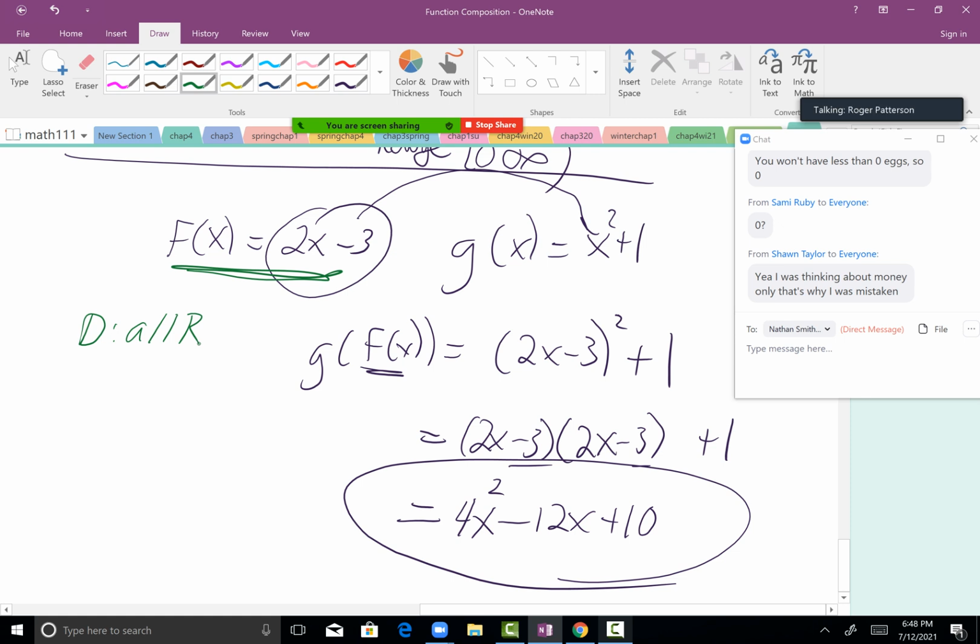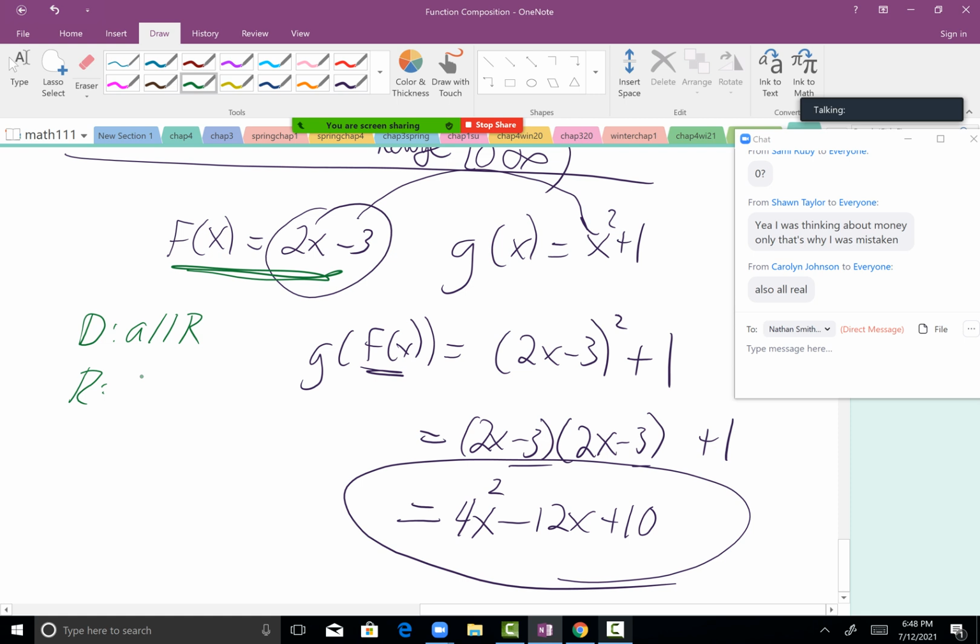Then I'm going to put all those numbers into that 2x minus 3. What's it going to spit out? What's the range for that? Yeah, it's all reals. Good, sweet, Carolyn, good job.